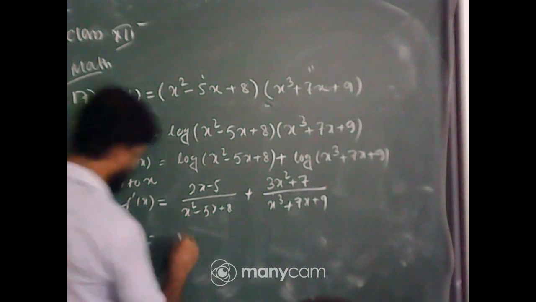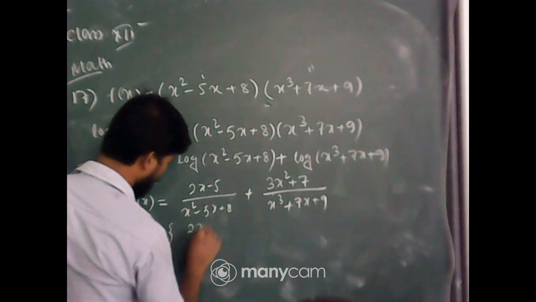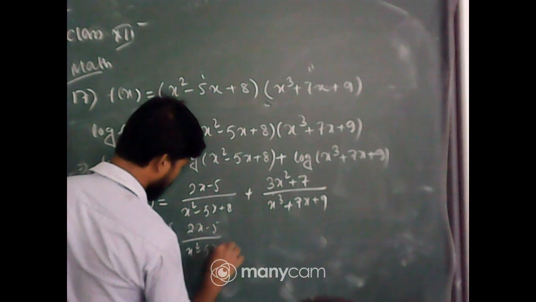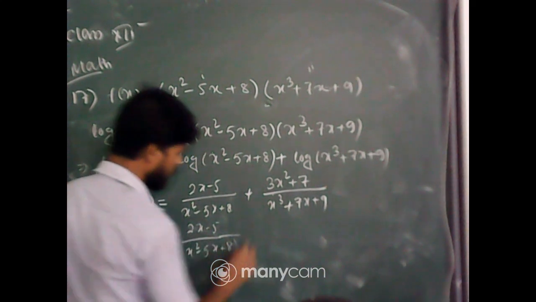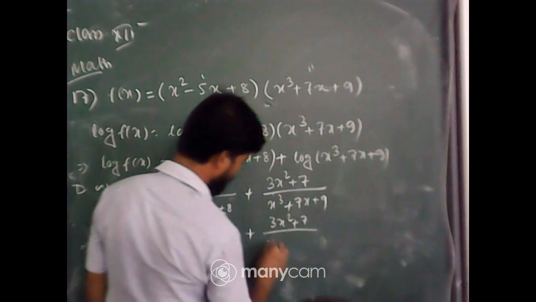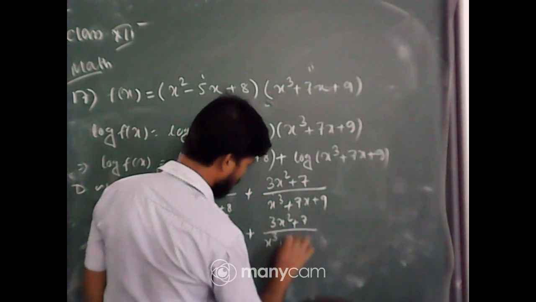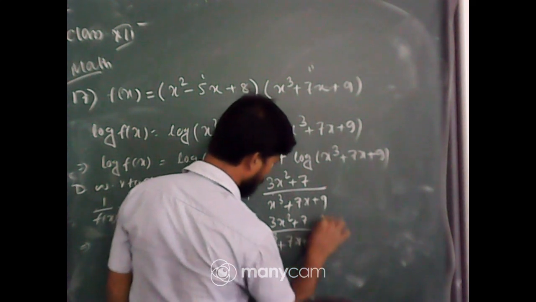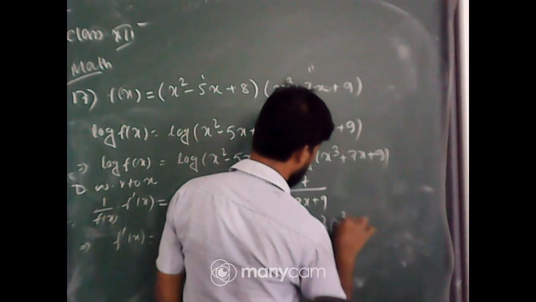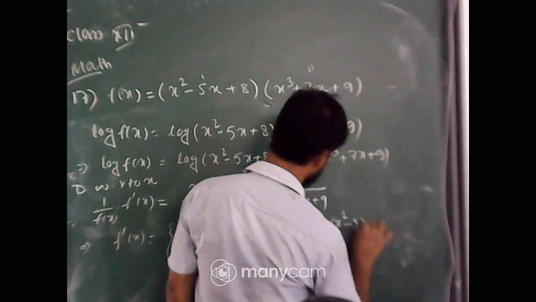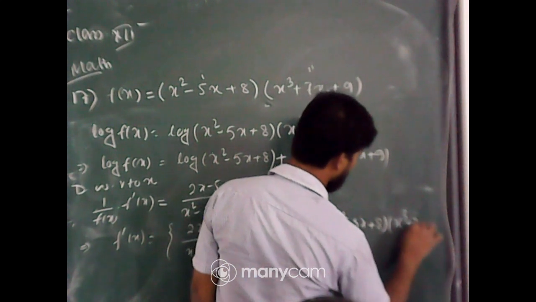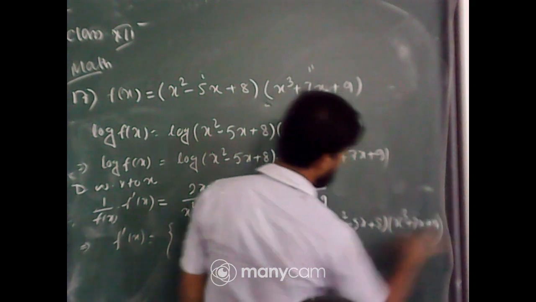So f dash x equals 2x minus 5 by x square minus 5x plus 8, plus 3x square plus 7 by x cube plus 7x plus 9, into f of x, and the value of f of x is this, x square minus 5x plus 8 into x cube plus 7x plus 9.